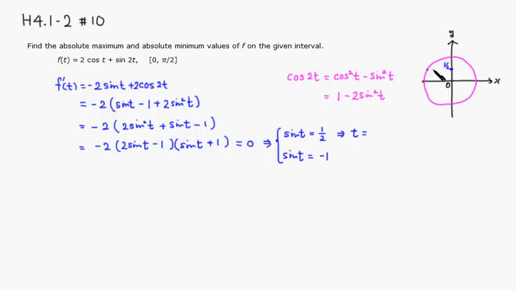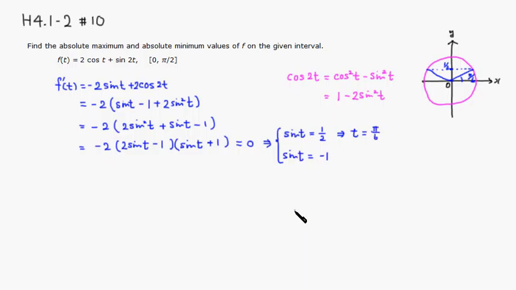Then you're looking at the angle like that, which is pi over 6. Or you can have an angle like that too, but that's bigger than pi over 2, so it's too big anyway, so that will be pi over 6.